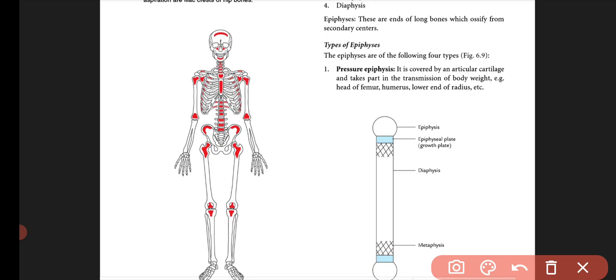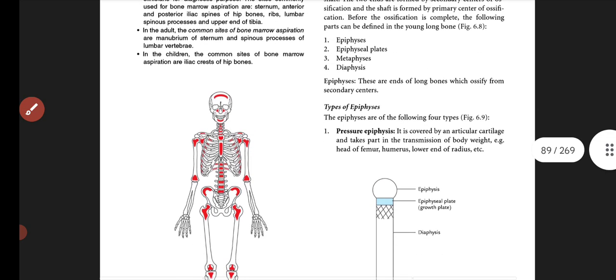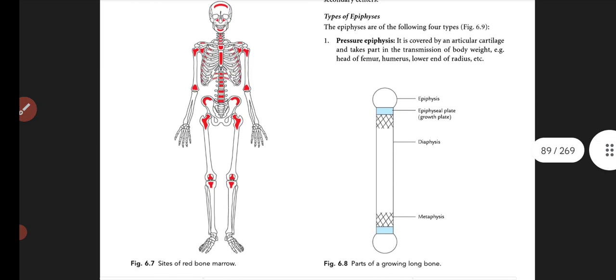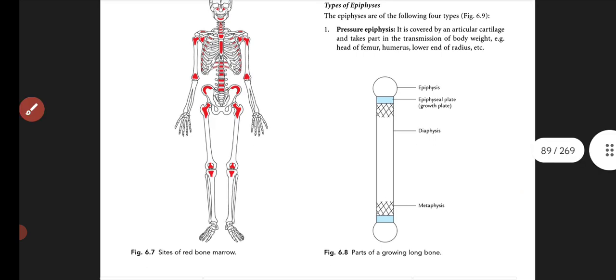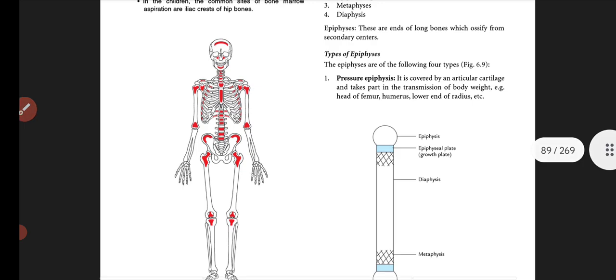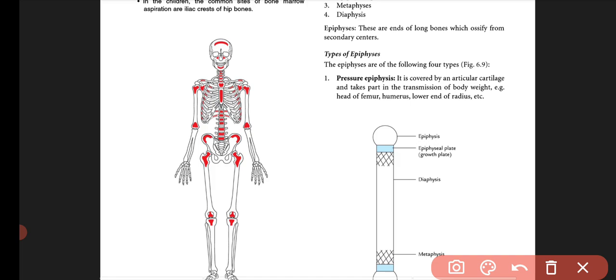Okay, types of epiphysis are pressure epiphysis. It was also in the last year exam, so a question comes about the pressure epiphysis.